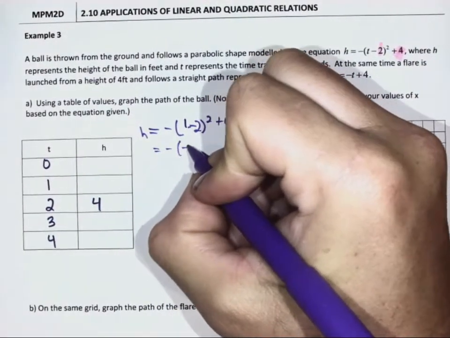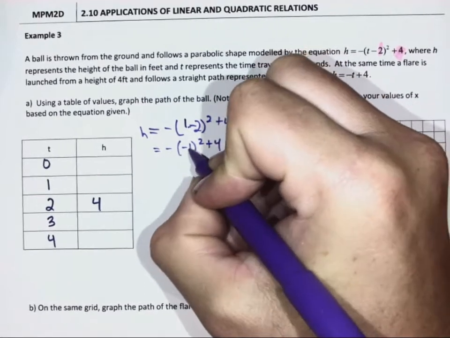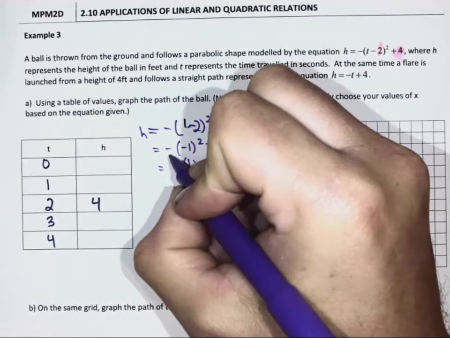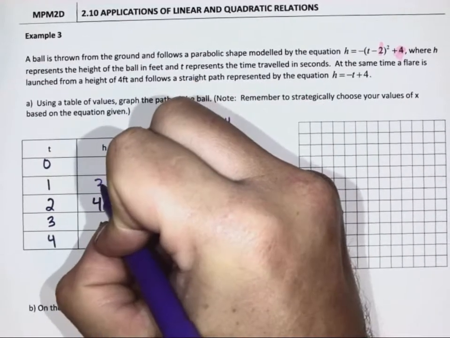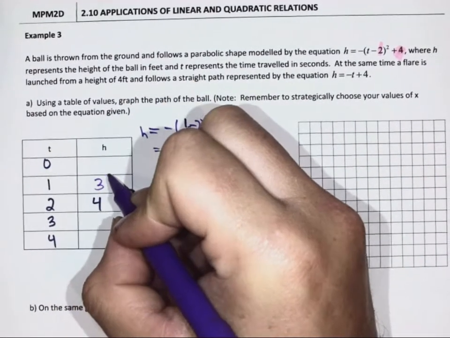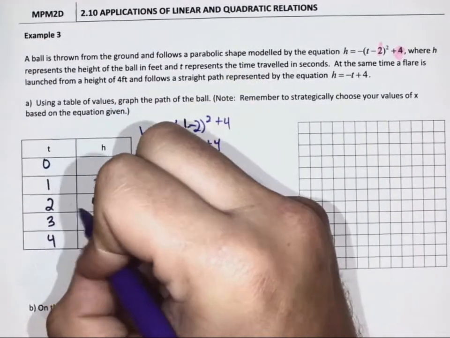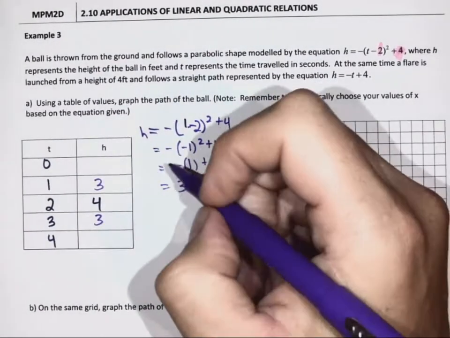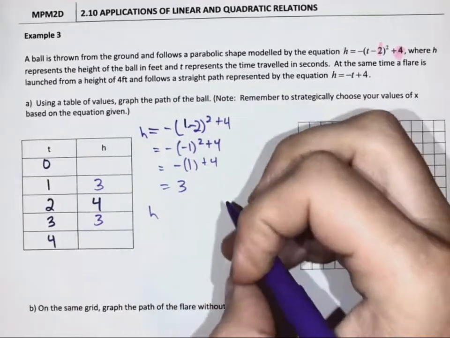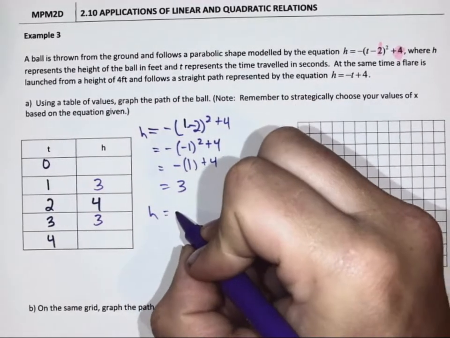Do some math. Negative 1 squared is positive 1. That negative in front is still there. Negative 1 plus 4 equals 3. Because this is a vertex, I know that this is going to be a mirror image. There's my axis of symmetry, so I know that that is 3 as well. Alright, let's solve for when t is 0.